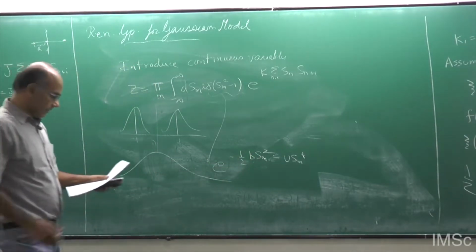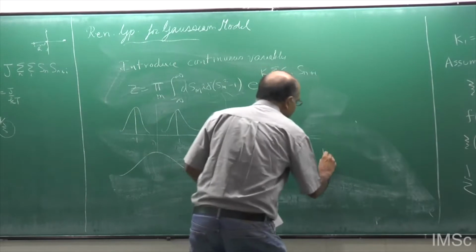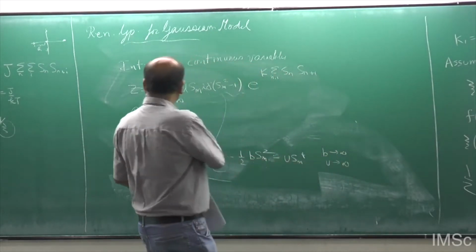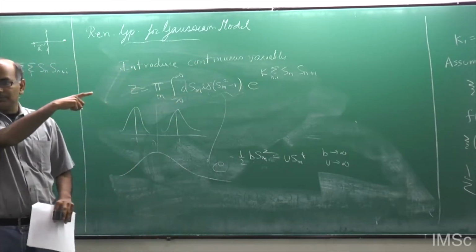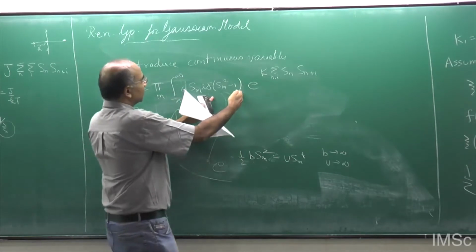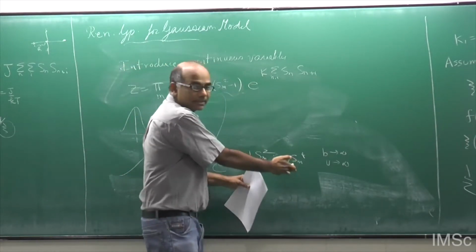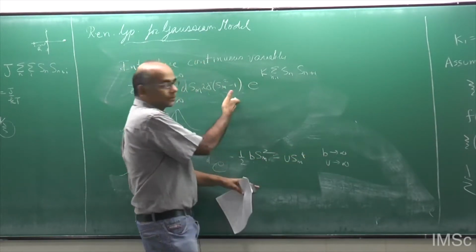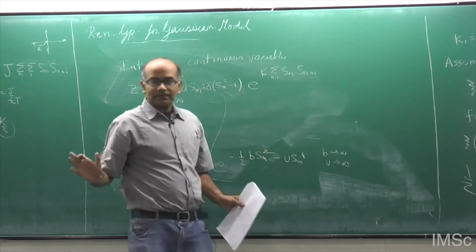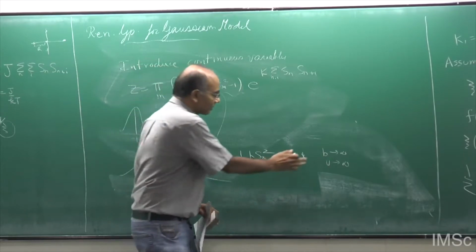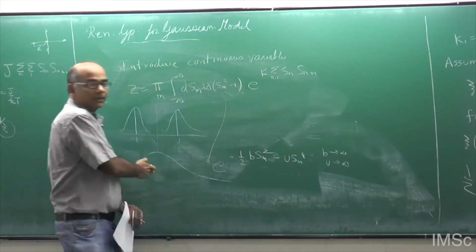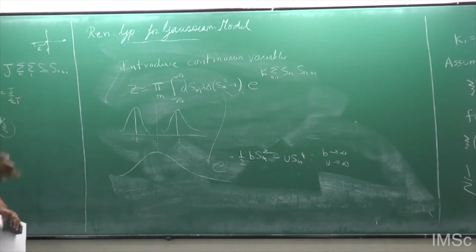So if b goes to infinity and u goes to infinity, you can tune it so that this becomes a delta function. If you want, you can start with this, say this limit is equal to that, and then say I'm going to relax this limit, make b and u finite, and then go further and put u equal to 0. So that's how you go from the Ising model to the Gaussian model, in these stages.